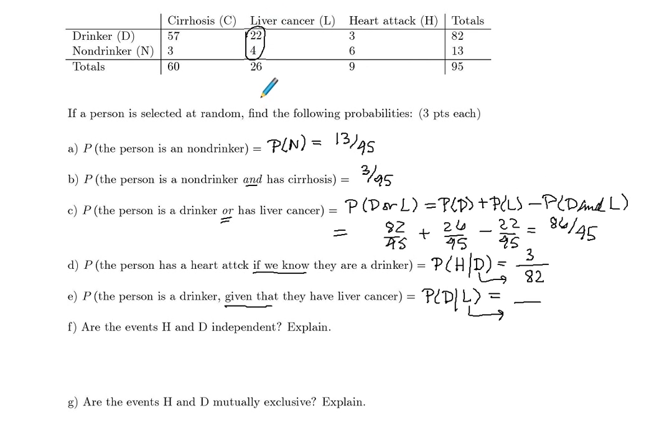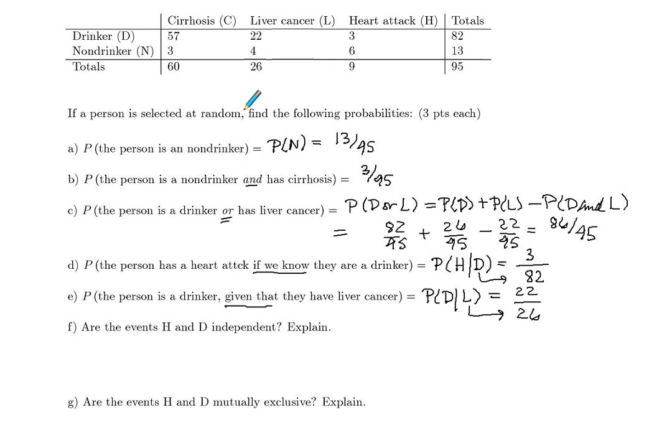So that's the denominator. 26. And then out of those 26 people here, how many were drinkers? Well, that's the first row, 22. So 22 out of 26. So whatever your condition is down here, that restricts your denominator. And then out of those people, how many satisfy the first condition?